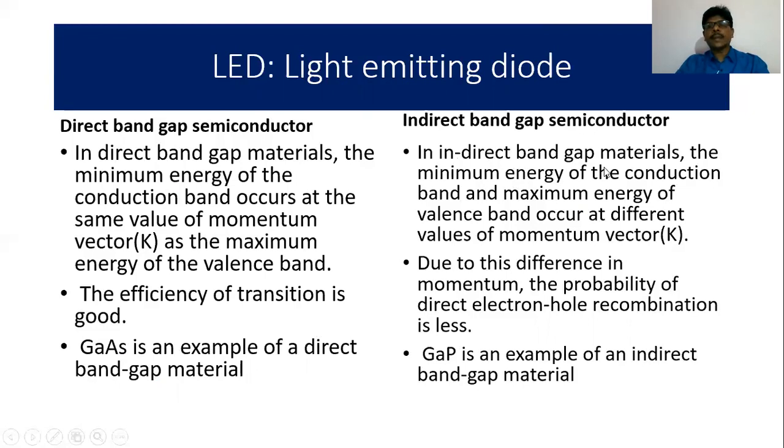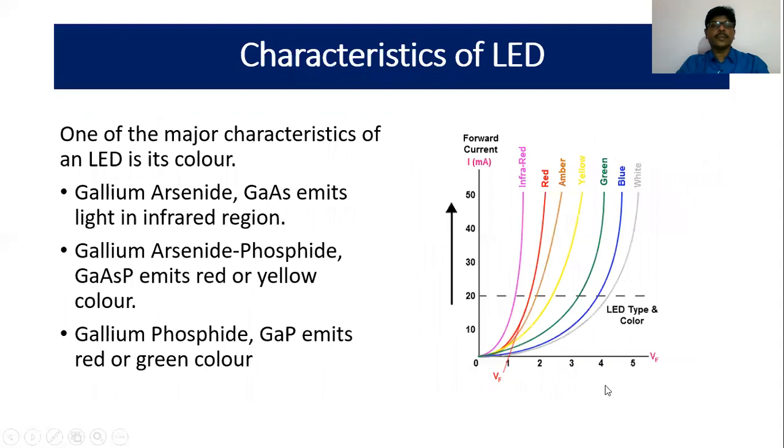In indirect band gap materials, the minimum energy of the conduction band and maximum energy of the valence band occur at different values of momentum vector k. Due to this difference in momentum, the probability of direct electron hole pair recombination is less. Gallium phosphide is an example of an indirect band gap material.